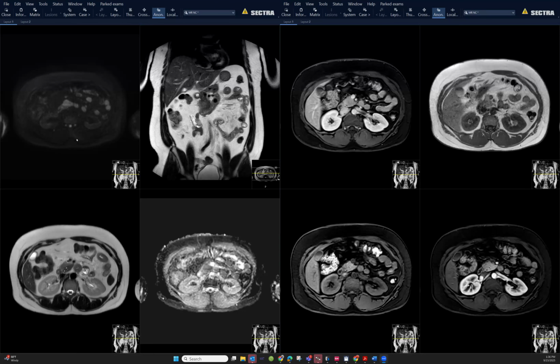So, a 47-year-old guy who had a strong family history of cardiac disease, and so he had a CTA of the coronaries, and they found 3 or 4 blocks.